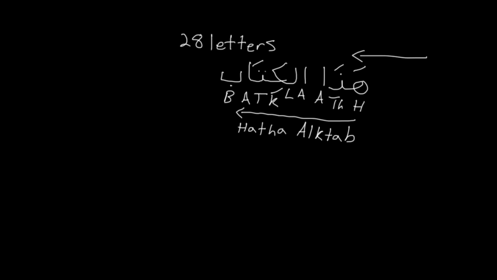Today we're going to go over the first 7 letters of the alphabet, and I'm going to show you how to write them. The first letter is really easy, but it also gets really complicated later on. So the first letter is called Alif, and it's just one line up and down. And it's spelled like this.